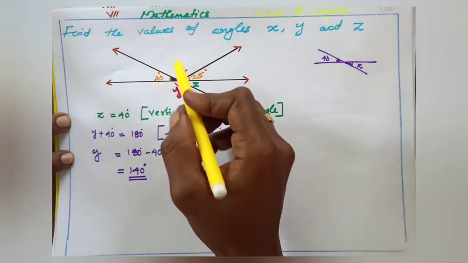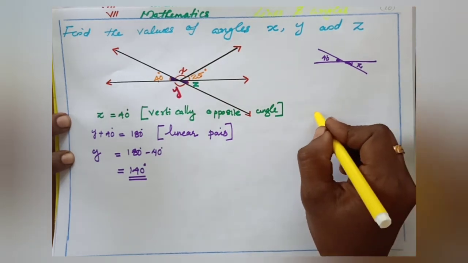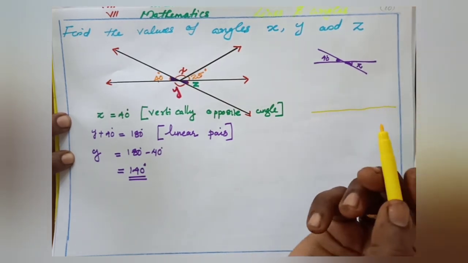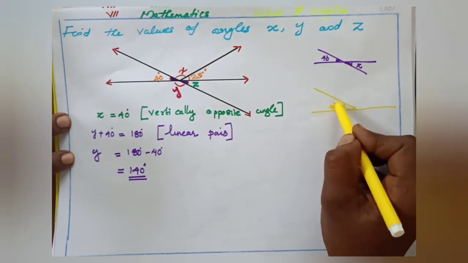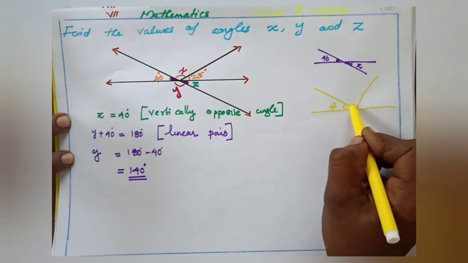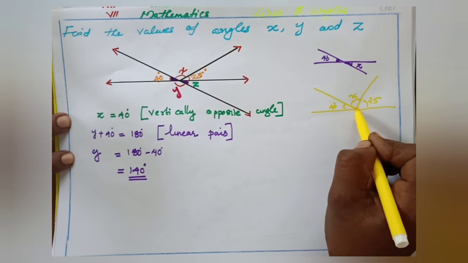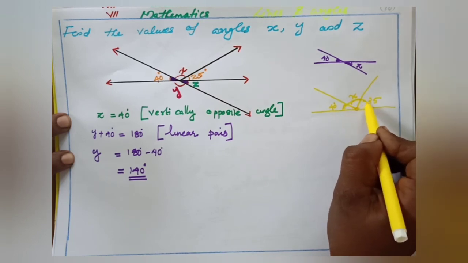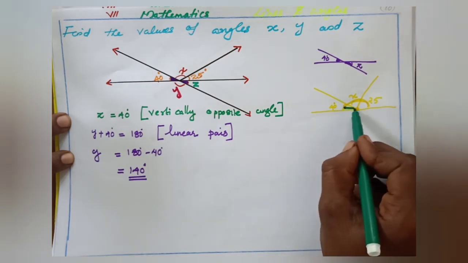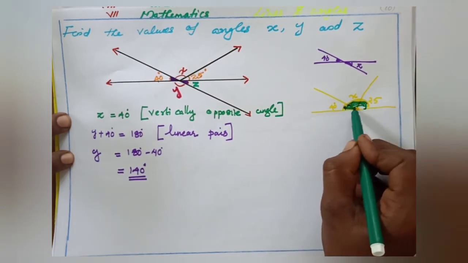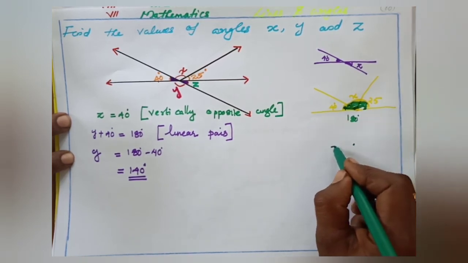Okay. Then the third letter, x. Listen, here this is one straight line and one angle is here, that is 40 degree, and another ray standing, here x degree, here 25 degree. We know this is forming a straight angle. The straight angle measure is how much? Yes, 180 degree.